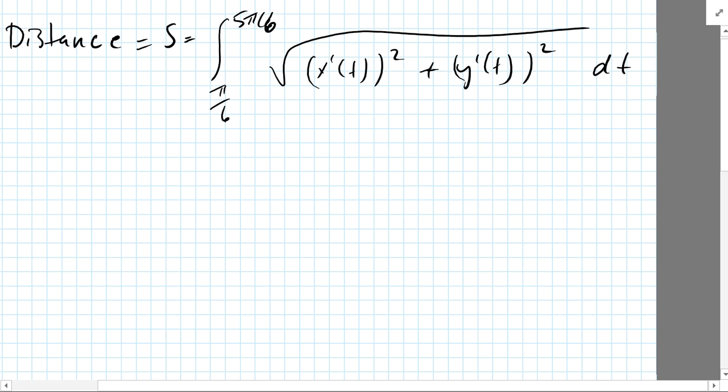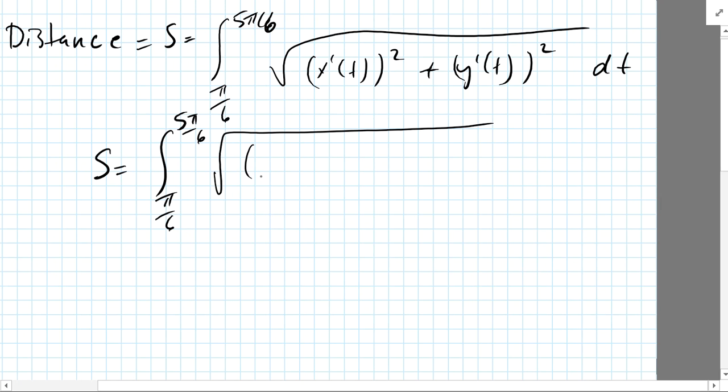Well, let's go find them. So what is the derivative? My x was square root of 3 minus 4 cosine of t. Okay, sorry. Go back and look at what x was. What's its derivative?